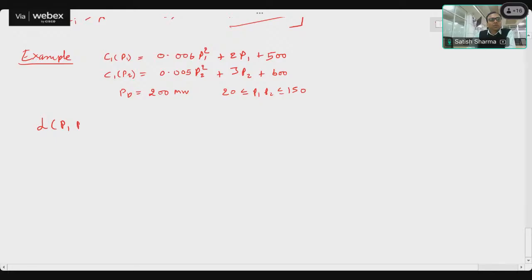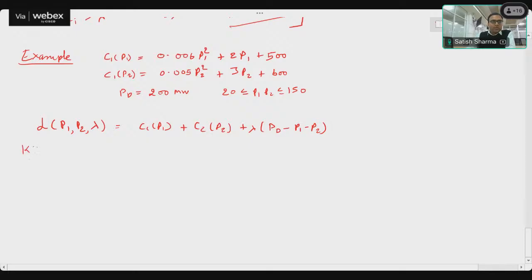Instead of Pi, I'm writing down all the variables here. These are the three variables I have, and I can say C1 P1 plus C2 P2 is my cost functions, plus lambda times total demand minus P1 minus P2, which is my generation constraint.